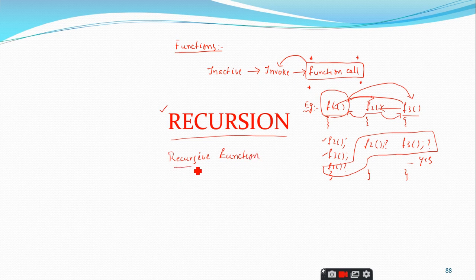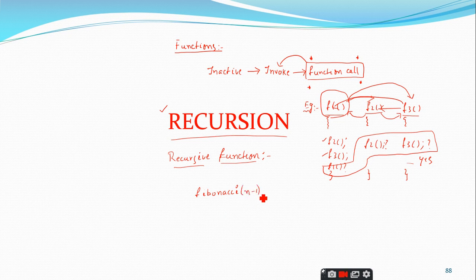A recursive function is nothing but a function or a procedure which implements the recursion procedure. Probably in the laboratory sessions you might have seen the program of Fibonacci series, where you are calling the same function, the Fibonacci function, 2 times.